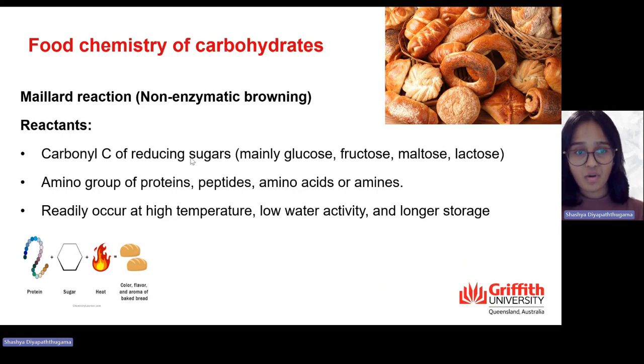So for this reaction to occur, it needs the carbonyl carbon of a reducing sugar, for example, glucose, fructose, maltose, lactose. And then there should be an amino group coming from a protein or peptide, amino acid, or an amine. So these two things react, and this readily occurs at high temperature, low water activity, and with longer storage period.